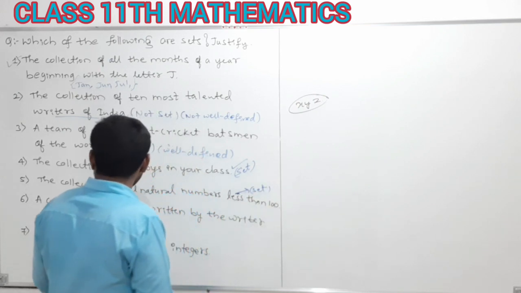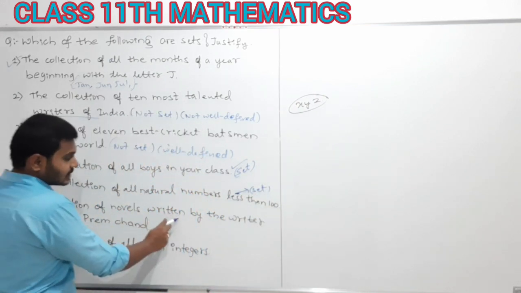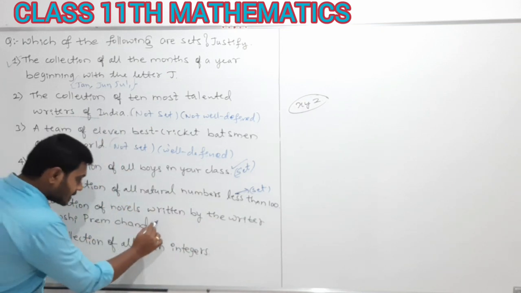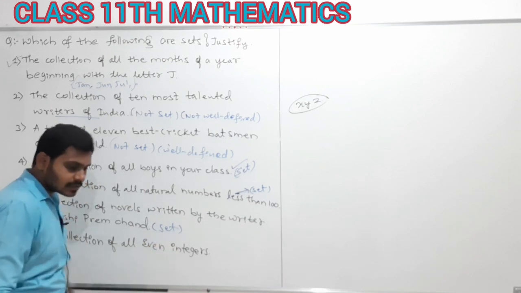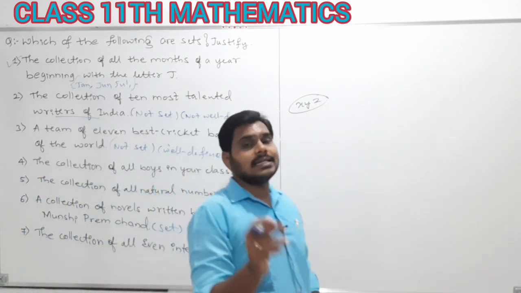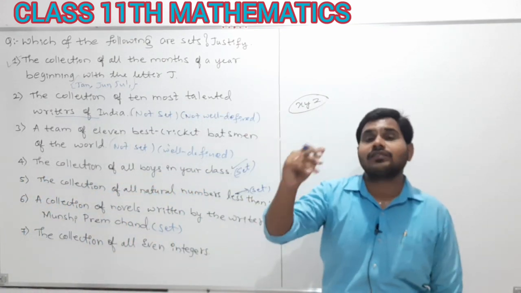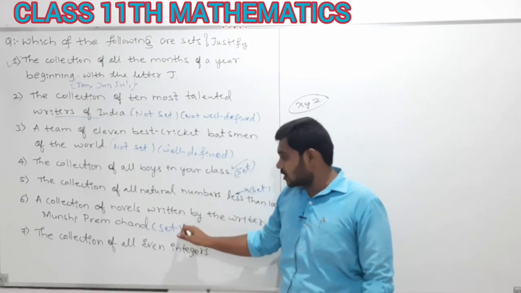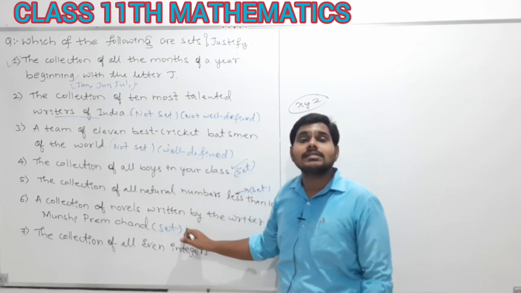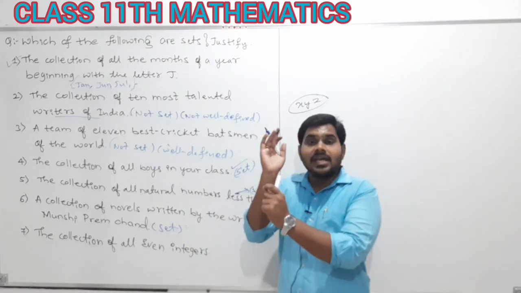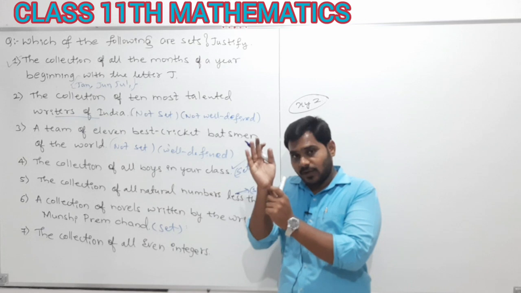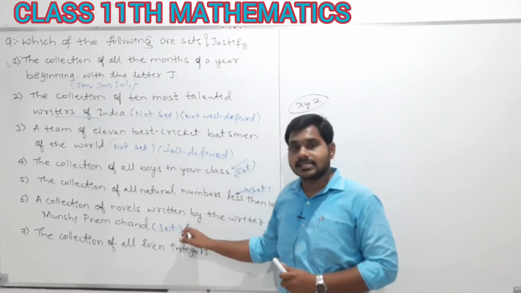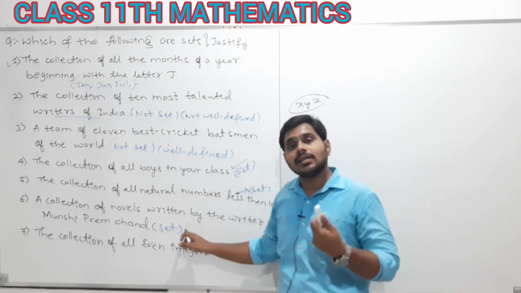And next, my students, the collection of novels written by the writer Munshi Premchand. It is also a set, my students, because whatever he wrote, one can easily tell. If I give you one book by a different author and ask whether the book belongs to this collection, you will first see the author name. If the author name is different, you will say, sir, the given book is not contained in this set, because the author name is different.